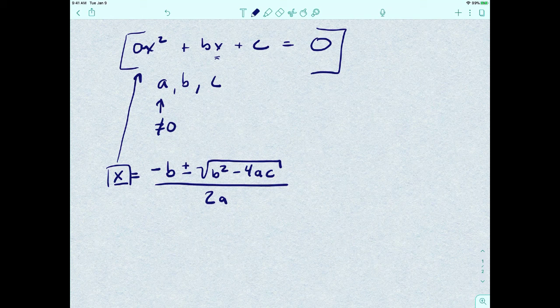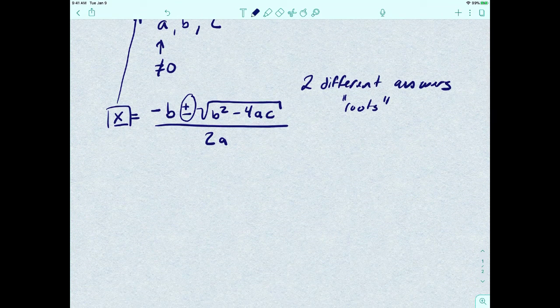All right, so the plus or minus sign right here means that you're going to have two different answers. Sometimes these two different answers, we call these roots. Okay, so let's try this out just to see how this feels.